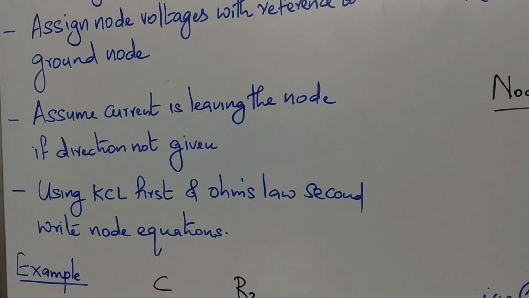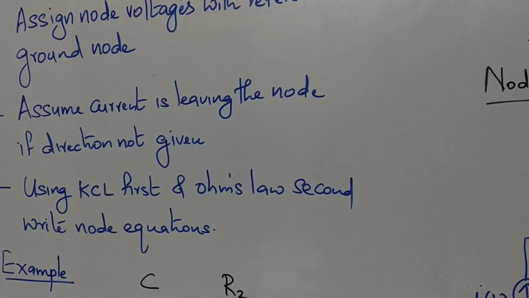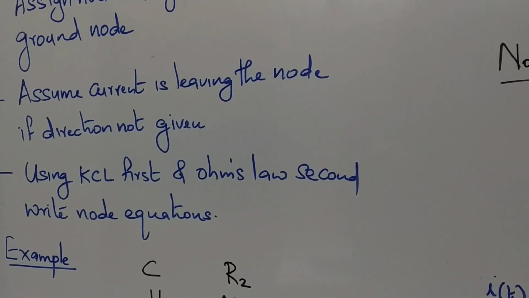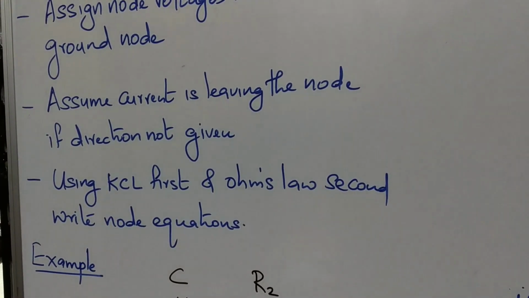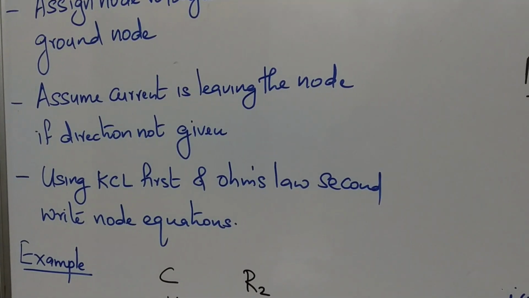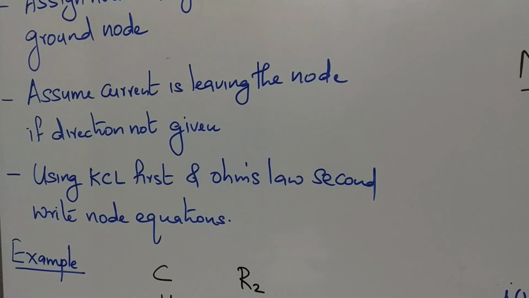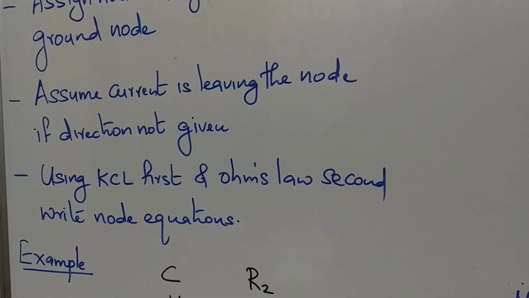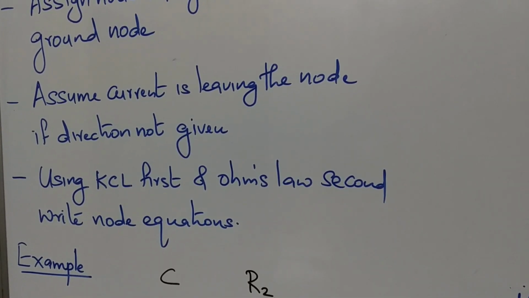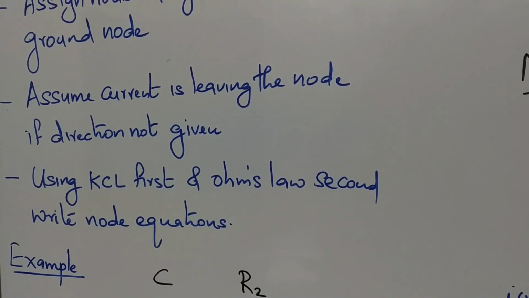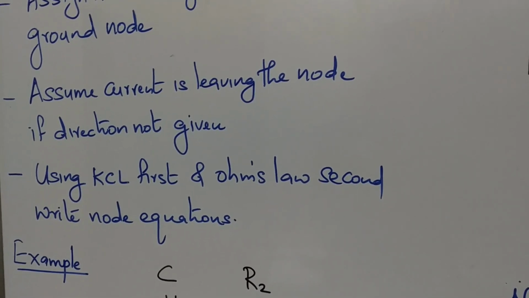The third point is, now this is actually not a rule but a convention which can be followed. You can proceed in two ways. One is you can look at the actual direction of current flow and assign that direction, or you can assume that current is leaving the node.